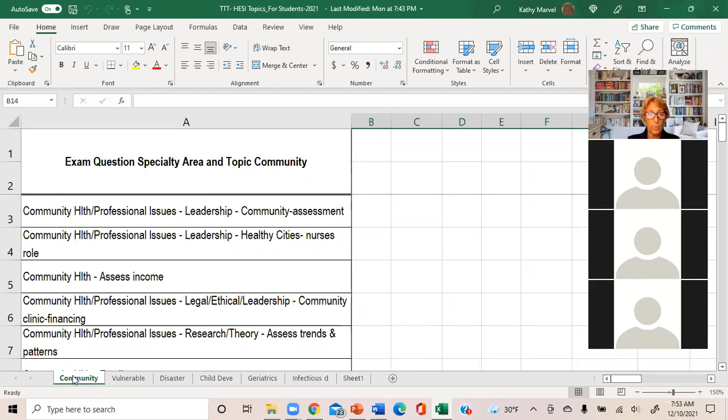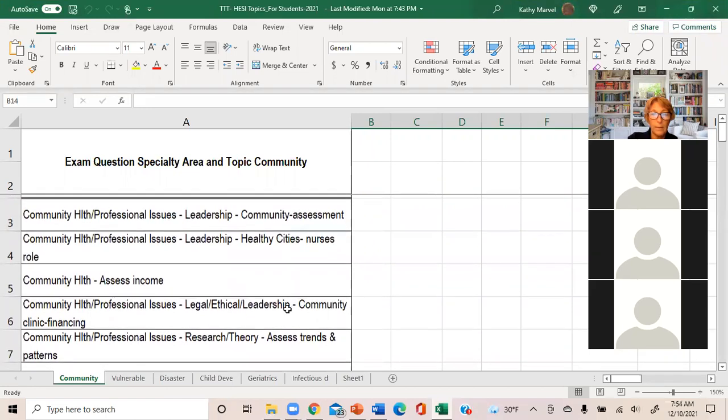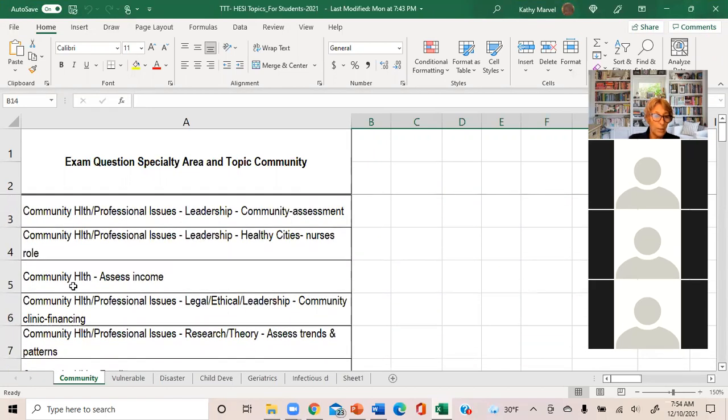We try to align them with the study guide: community, vulnerable populations, disaster, child development, elderly, and infectious disease. This isn't an inclusive list at all, but here are some of the topics that were covered on previous HESIs. Let's ignore the front part and go to the end, because that's where the specific information is.